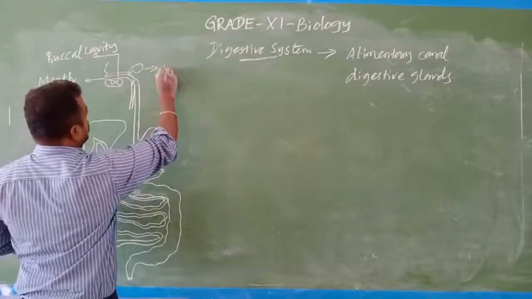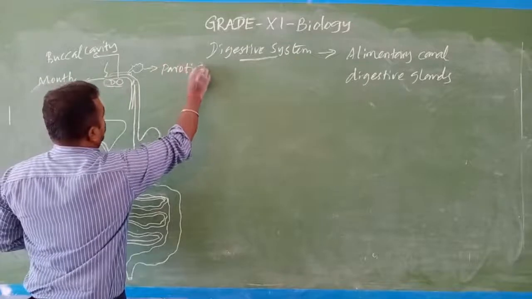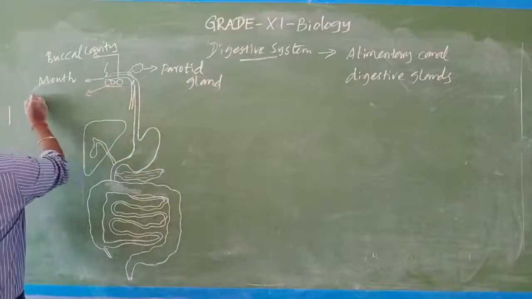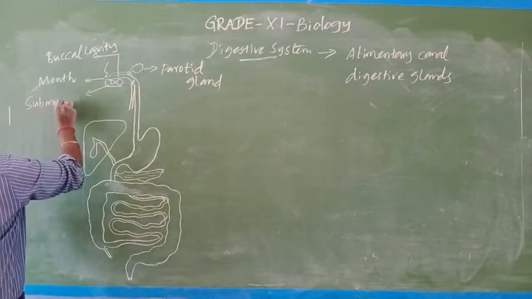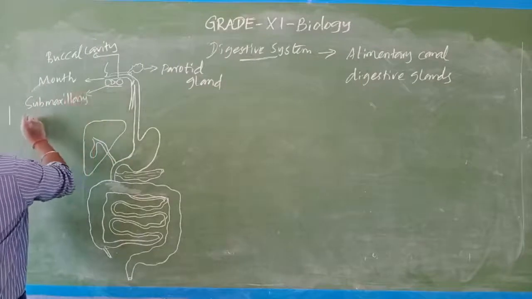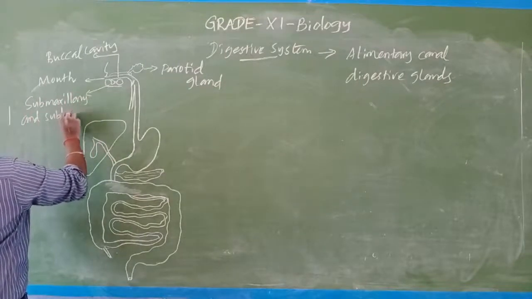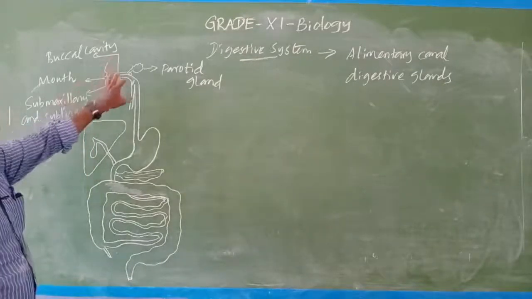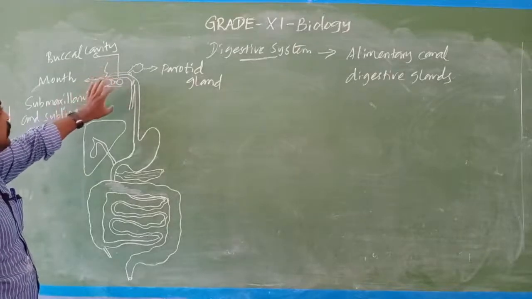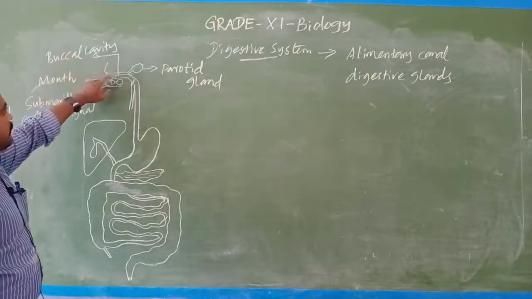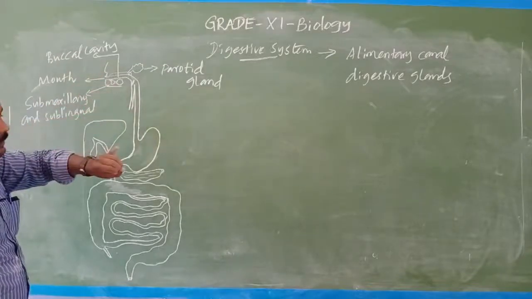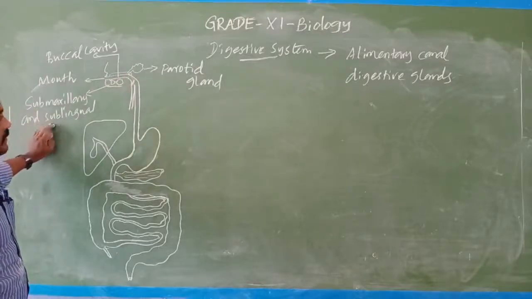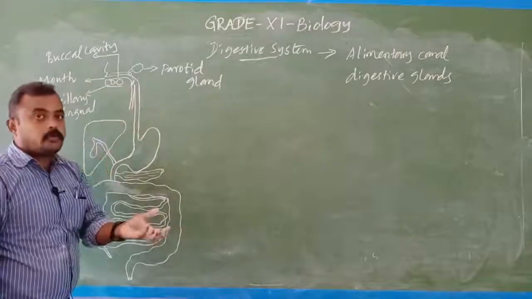One is the parotid gland, and here we have the submaxillary and sublingual. So three salivary glands are present in the mouth. In the buccal cavity we have teeth, tongue, then the parotid, submaxillary and sublingual glands. The salivary glands are used to produce saliva.